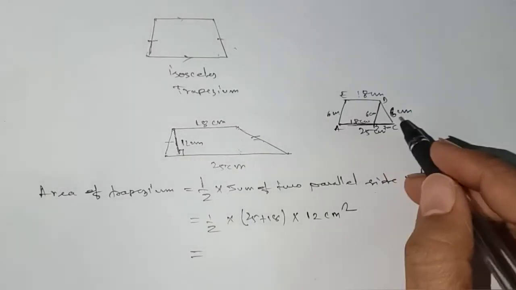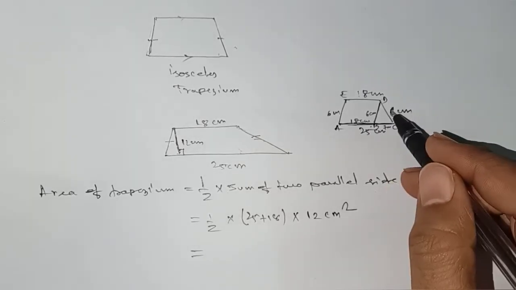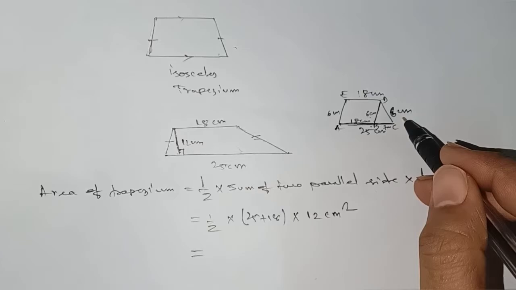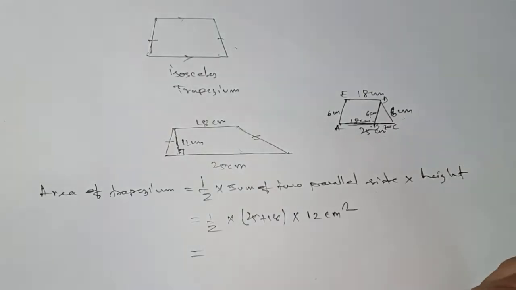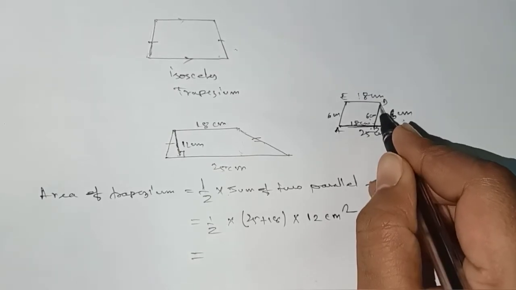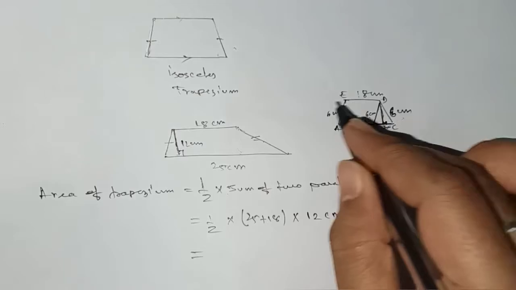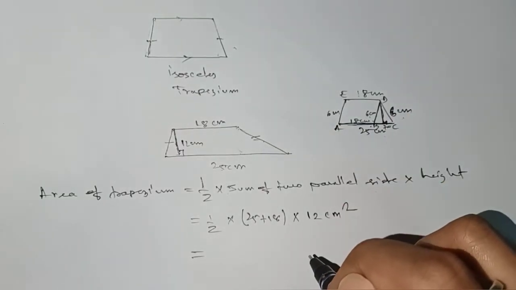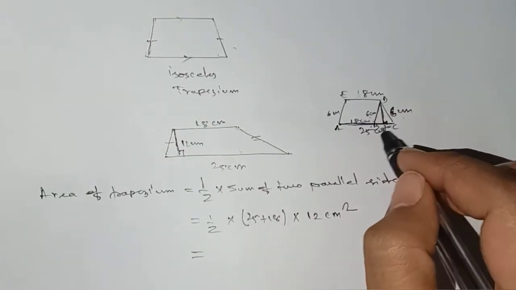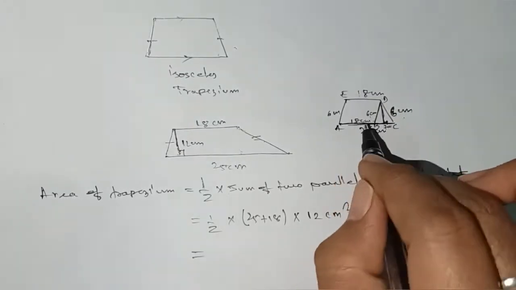Now if you look properly, you can see that this is a triangle where all sides have been given to you. Now if we take one perpendicular here, then this perpendicular will be the height of this trapezium also. That means the height of this triangle and the height of this trapezium are common to both.